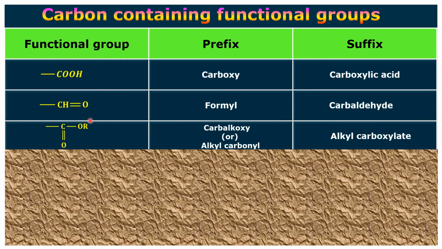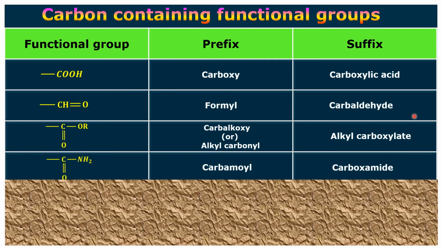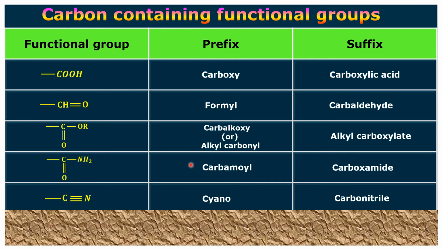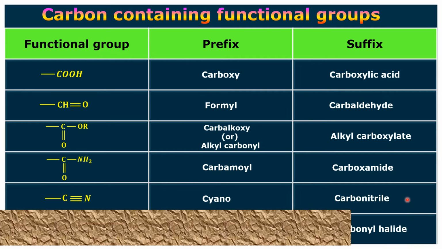COOR, the ester functional group: when it is used as a substituent, the prefix name is carboxy or alkyl carbonyl. Suffix name is alkyl carboxylate. Next, CONH2: carbamoyl, carboxamide. Next, C triple bond N: the prefix name is cyano, the suffix name is carbonitrile.